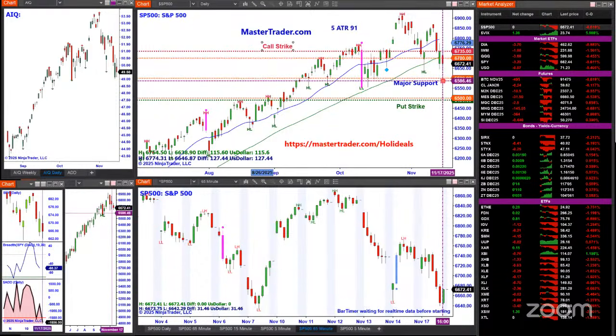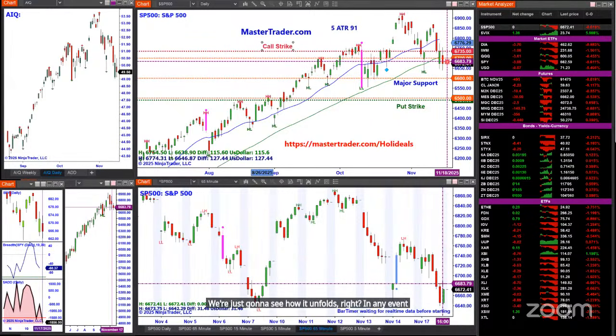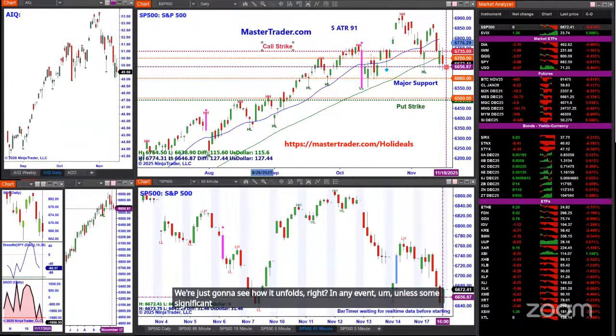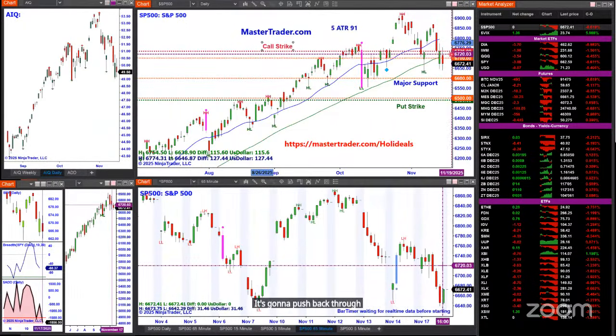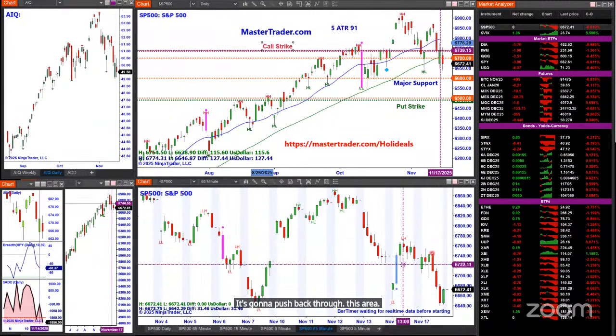We're just going to see how it unfolds. In any event, unless some significant news item comes out, it's unlikely it's going to push back through this area. As always, we're just going to see how it unfolds.